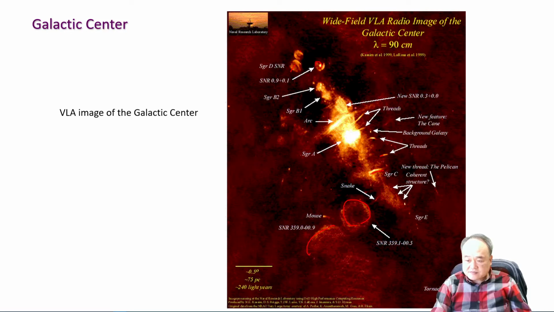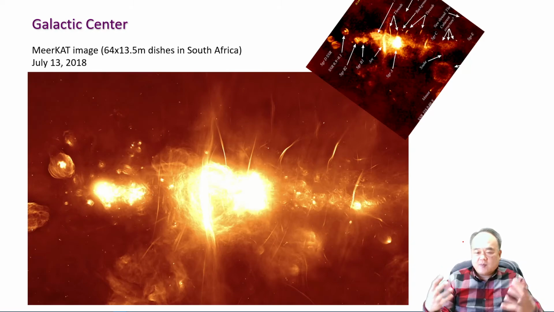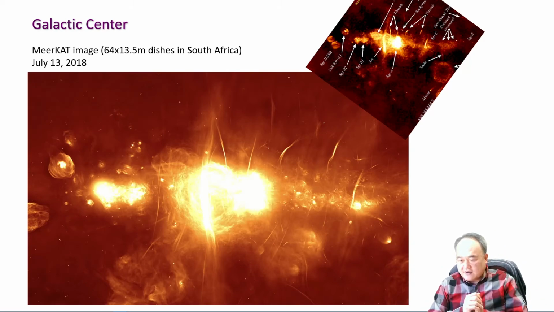when the central region of our Milky Way is seen with the latest radio telescope, we can actually see really spectacular details of the radio objects in the Milky Way galaxy.